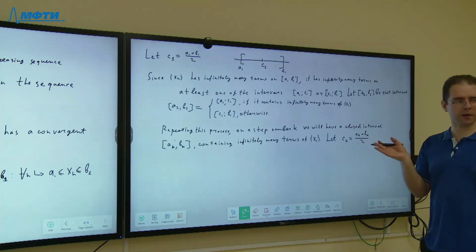At least one of the halves contains infinitely many terms of my sequence.